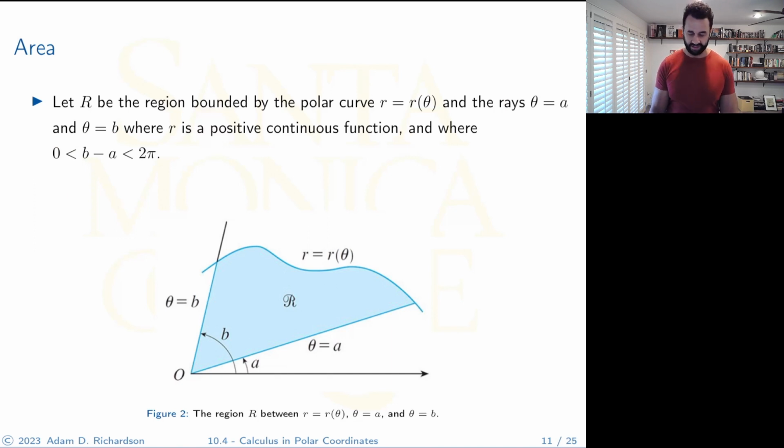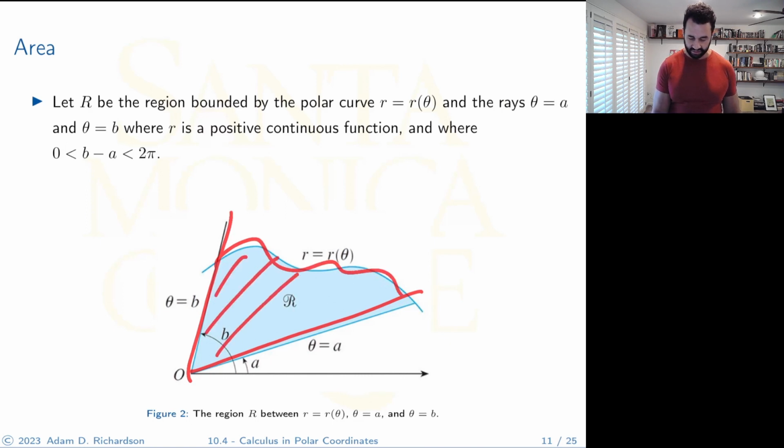We're just going to assume that this area doesn't come back and cover itself again. In those instances, you have to split it up into multiple integrals, but we're not going to look at that right now. We're just developing. This is the angle A, this is the angle B, and our region for now is trapped between these two rays. What's the area of that region?